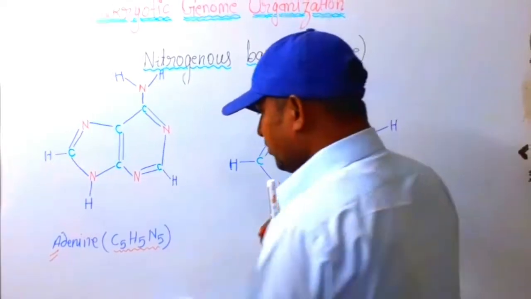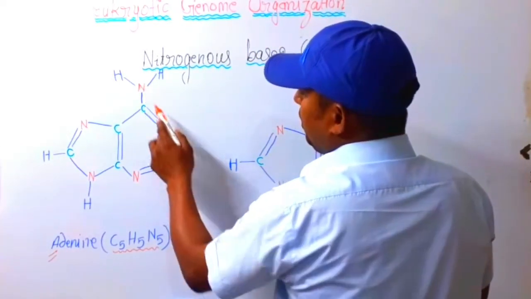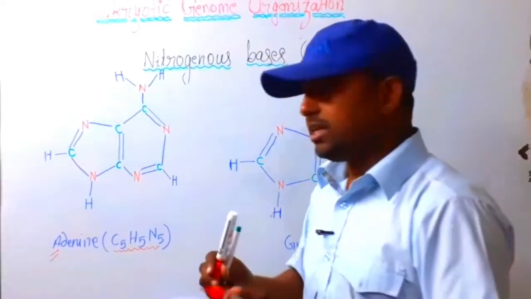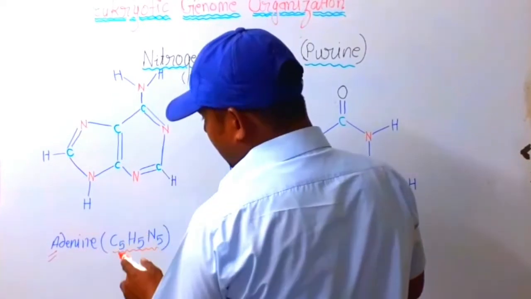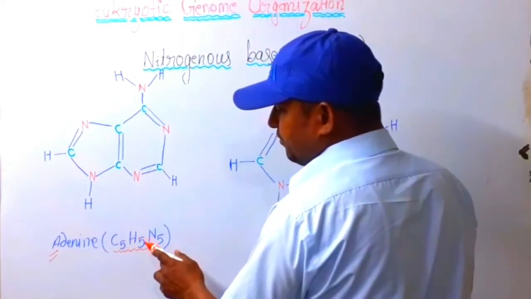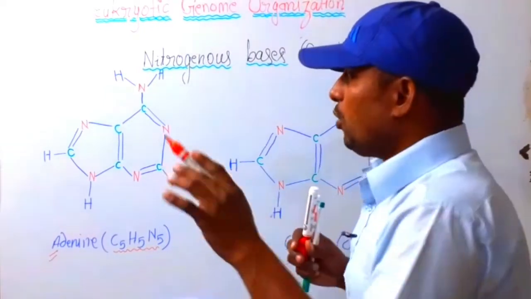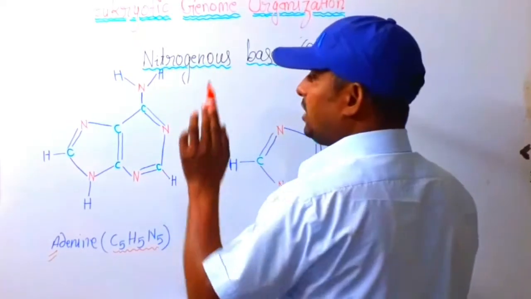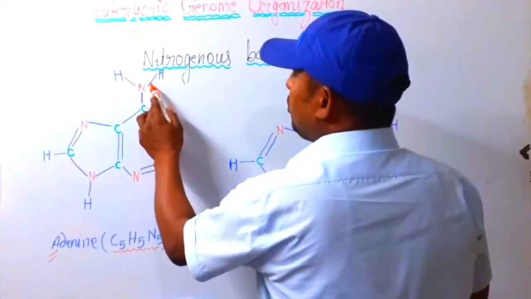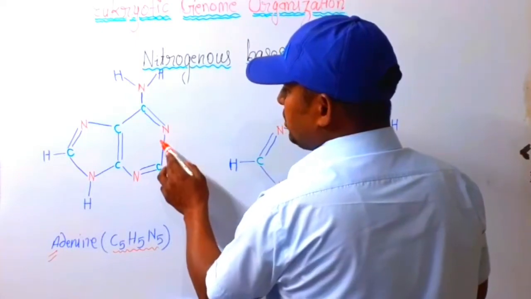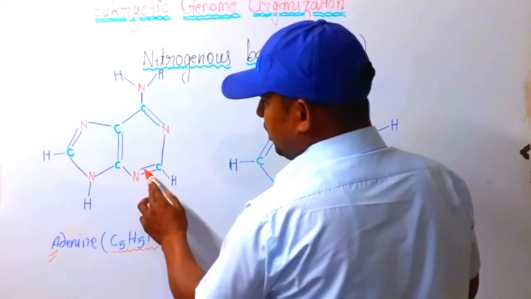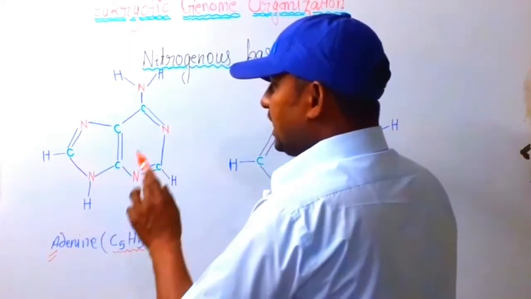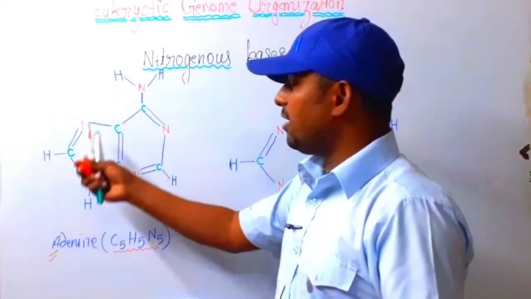So the structure has the molecular formula C5H5N5. Now check the valency of the nitrogen, which is 3: this nitrogen 1, 2, 3, this nitrogen 1, 2, 3. It means nitrogen has 3 valency.